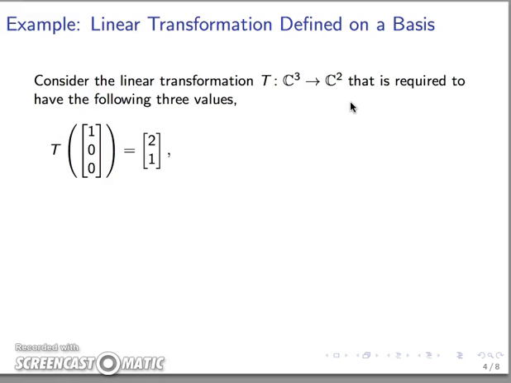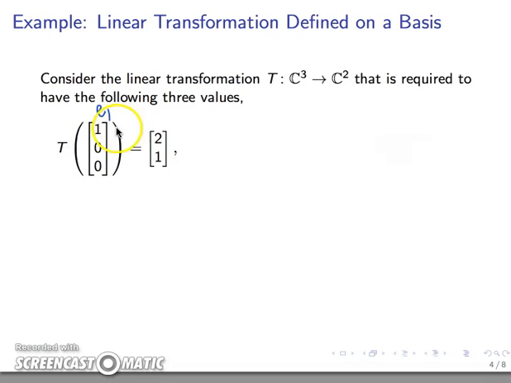So suppose that we have a linear transformation such that when the linear transformation is evaluated at 1, 0, 0, this is evaluating T at e sub 1. This is one of the standard unit vectors. And here we want to remember that the vectors e1, e2, and e3 are the columns of the 3 by 3 identity matrix.